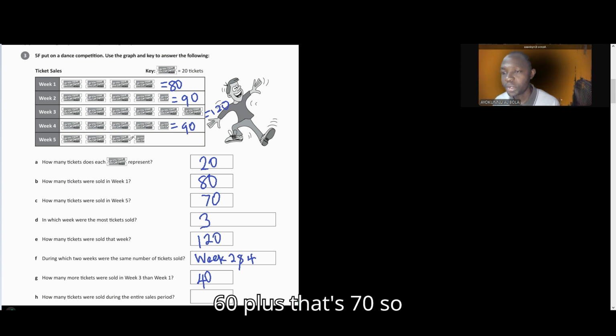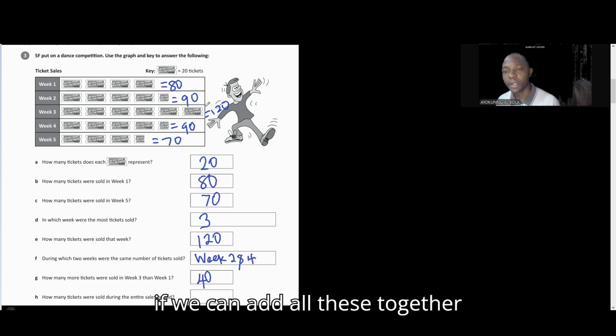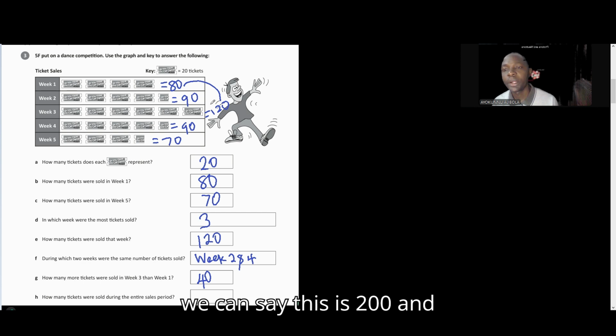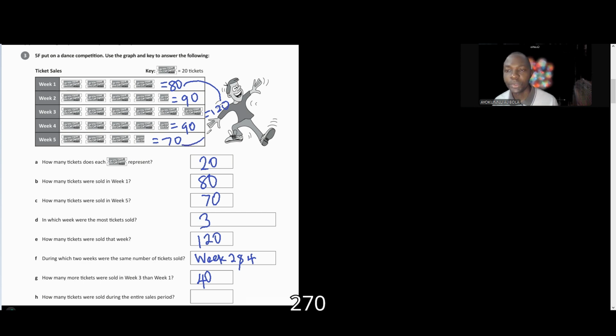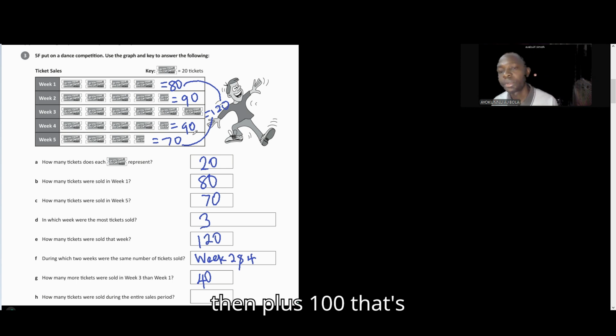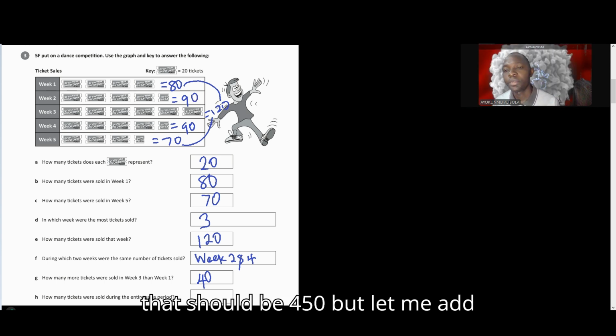And this is 60 plus, that's 70. So if we add all these together, we can say this is 200 and 270, then plus 100, that's 370 plus 80, that should be 450.